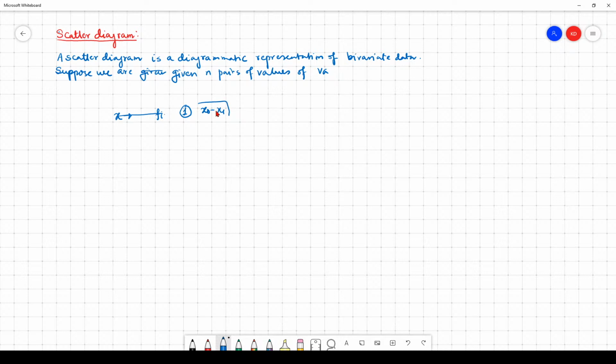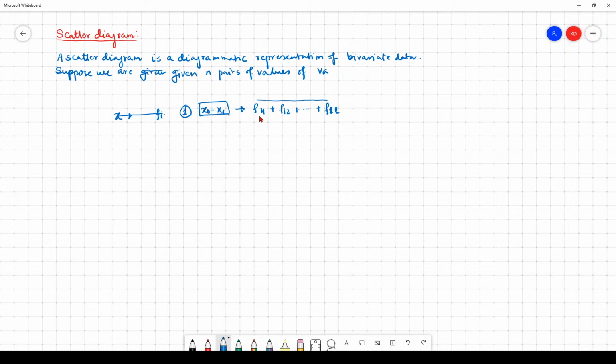The marginal frequency of x naught to x1 is nothing but f11, f12, f1l. This is the marginal frequency of the class x naught to x1. Why? Because here I am eliminating the effects of y by adding all the frequencies.